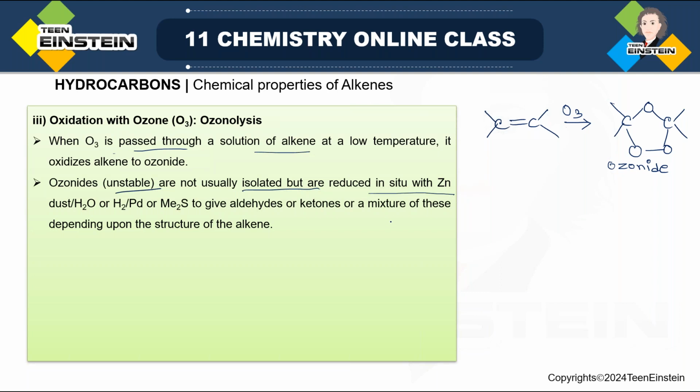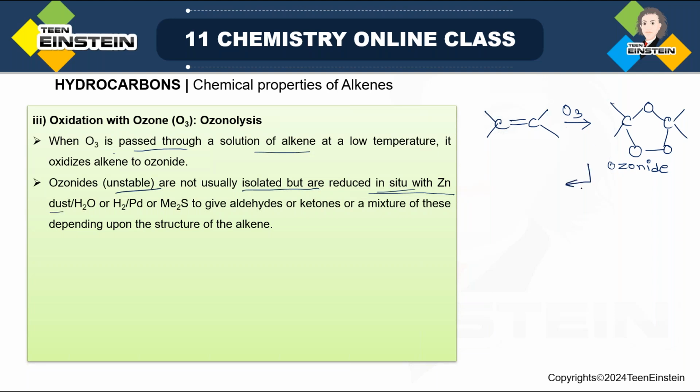What we do in the further step, in situ means in the same medium. Suppose the container where you are doing the reaction, in the same medium, once this step is over, next you add some zinc dust. Now this is a reducing agent.